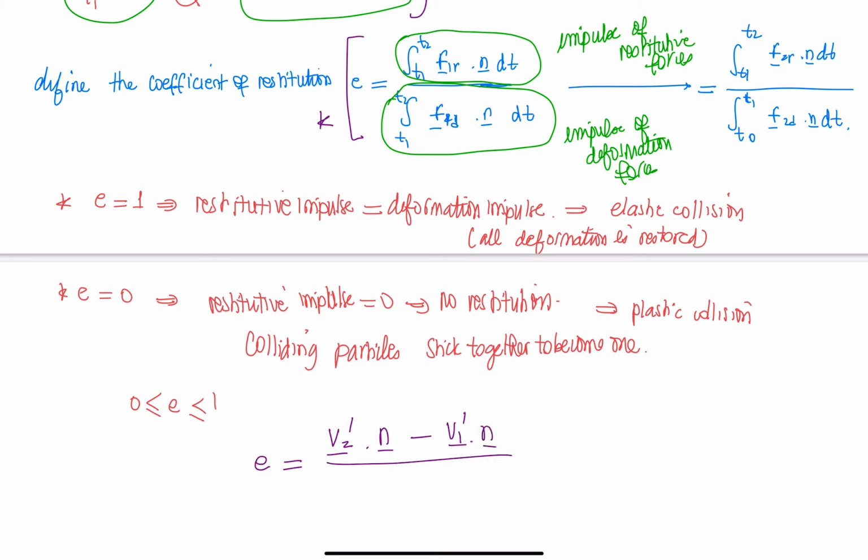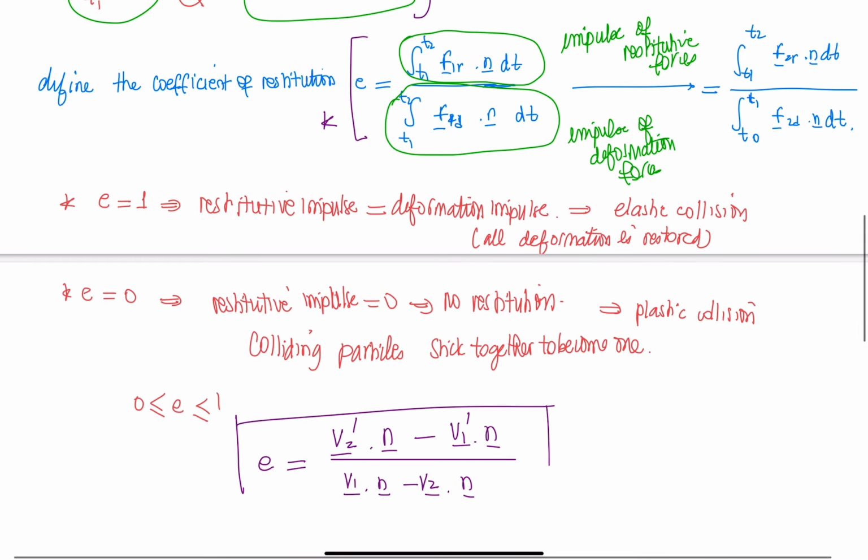Again, prime, as usual, denotes the post-collision quantities. This expression is more useful than the previous one, because usually in experiments what we observe is velocities. We really cannot measure the impact forces easily.